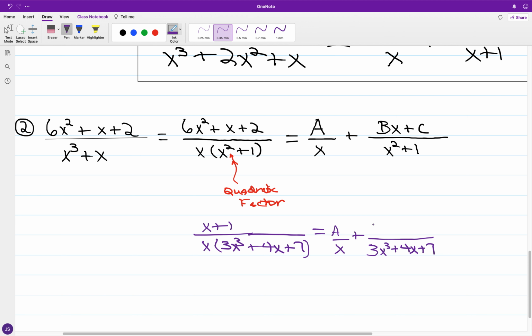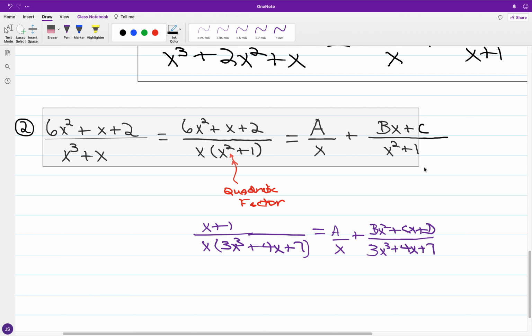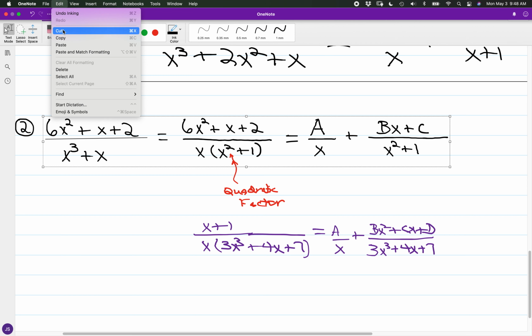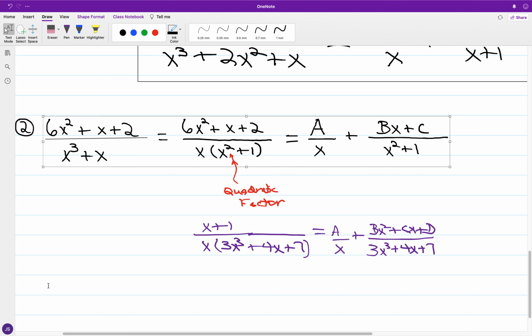So for this one, I want the numerator to be second order. So I have bx squared plus cx, and I want the numerator to go all the way down to a constant. So in this particular setup, I have a over x plus, once again, bx plus c over x squared plus 1.